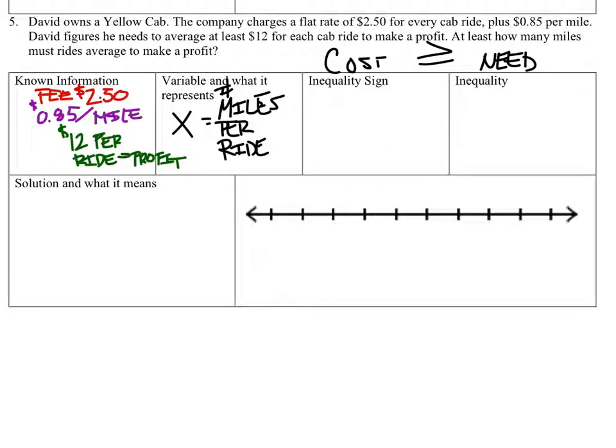Well, the cost is going to be $2.50. But then in addition to that, we got to add another 85 cents. But that's per mile, so we got to multiply that by the number of miles. This must be greater than or equal to the need, which over here said was $12. So there's our inequality. Very nice.